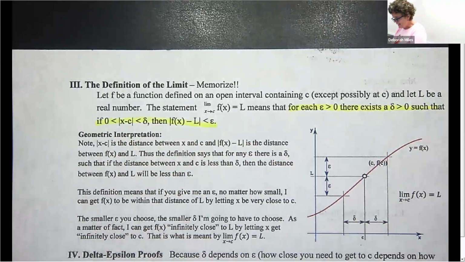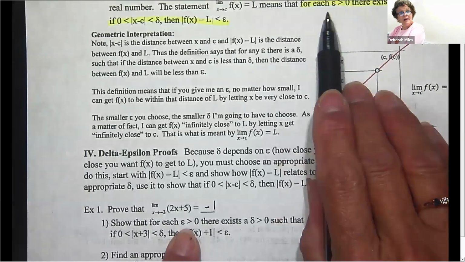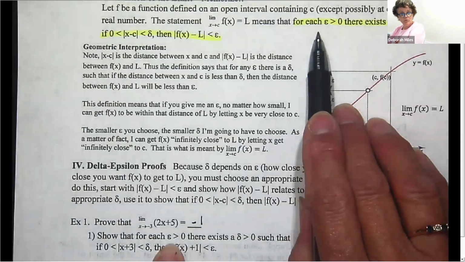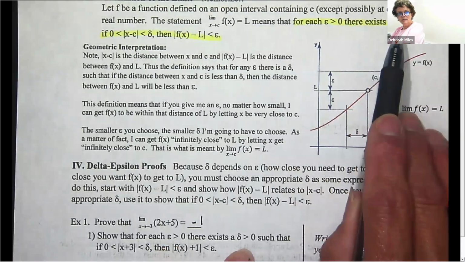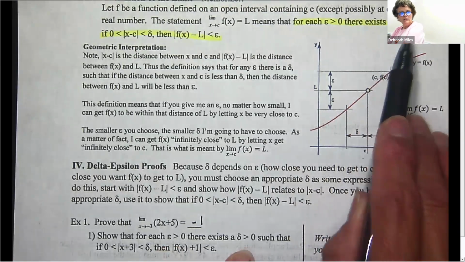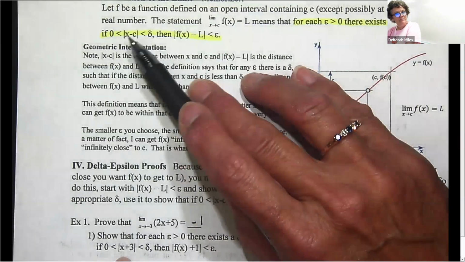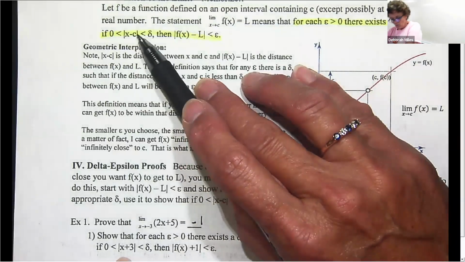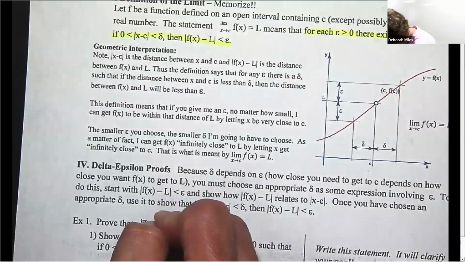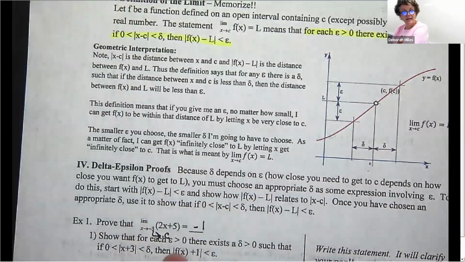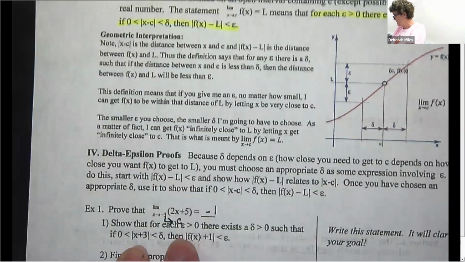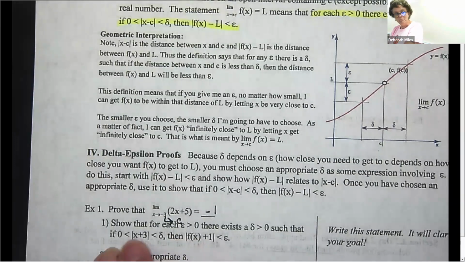So show that for every epsilon greater than 0, there is a delta greater than 0, such that if the absolute value of x minus c, well, c is the number that x is approaching. So in this example, -3 is your c. X minus -3 is the same as x plus 3.